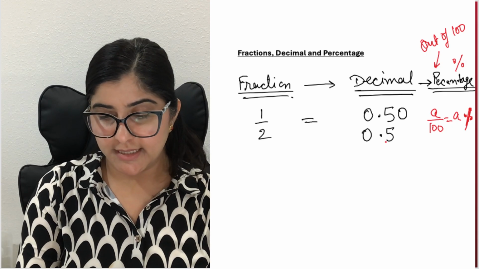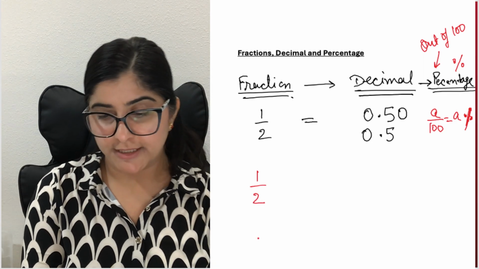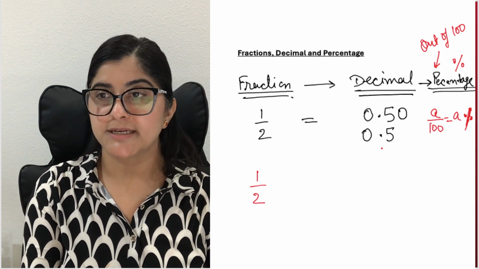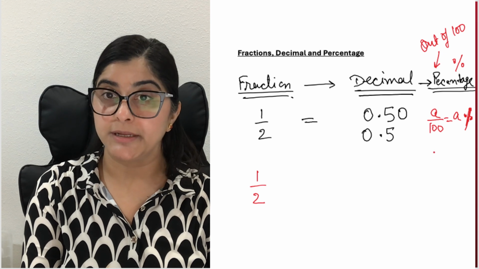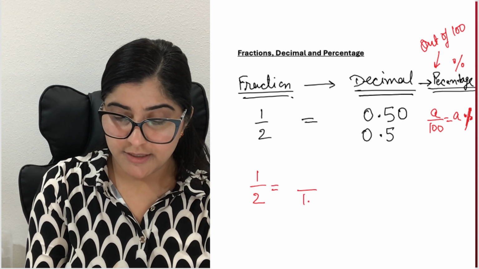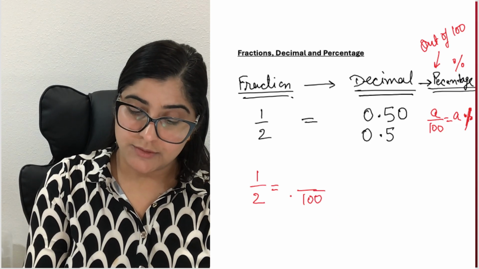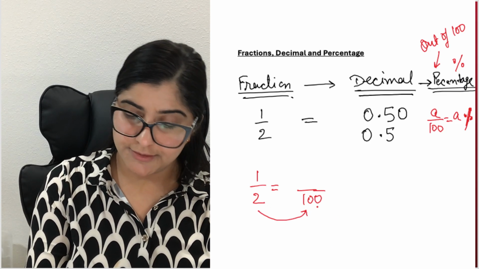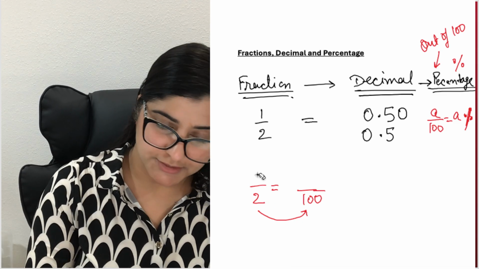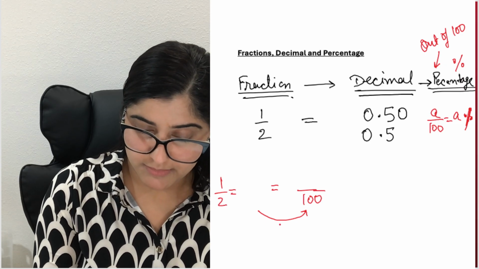Now in this case it is 1 over 2. You can either use the fraction to write the percent, or use the decimal to write the percent. I will explain both. We need the denominator 100 to write down the percent. So what do we have to do to get 100 here? I have to include a middle fraction.